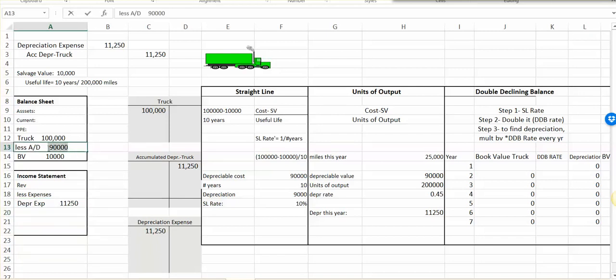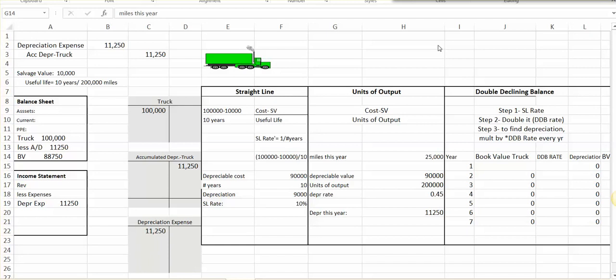Accumulated depreciation will be 11,250, and the book value of the truck would then be 100,000 minus 11,250 is 88,750. Every year your depreciation will be different because it's going to be based on the miles driven, and that is called the units of output method.